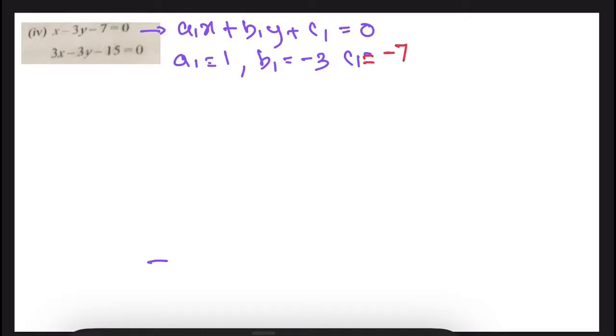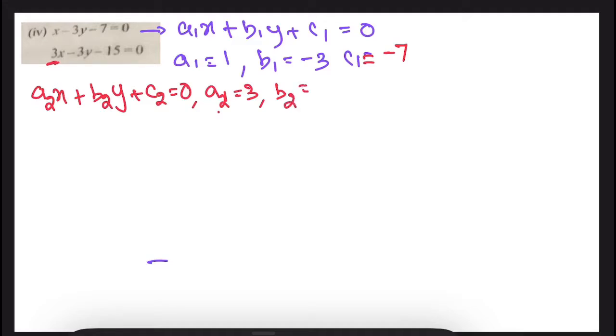Okay, and the second equation we again compare with a2x plus b2y plus c2 equals 0. In the second equation, a2 is 3, sorry, a2 since it is the second equation, and then b2 equals minus 3 and c2 equals minus 15.